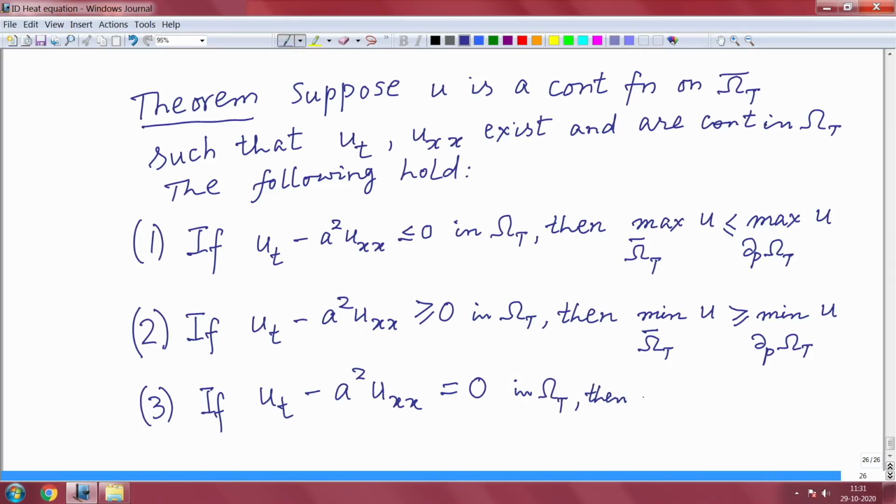So, you get that the maximum of mod u in omega T bar is equal to the maximum of mod u on the parabolic boundary. This is equality.